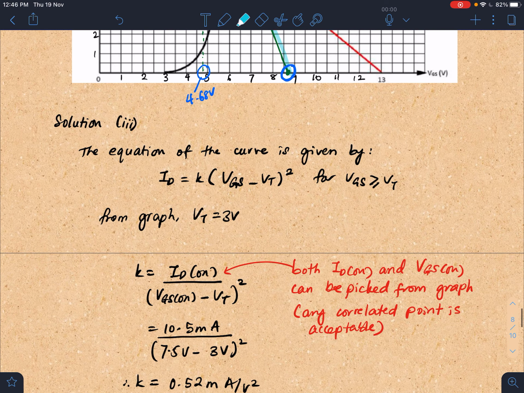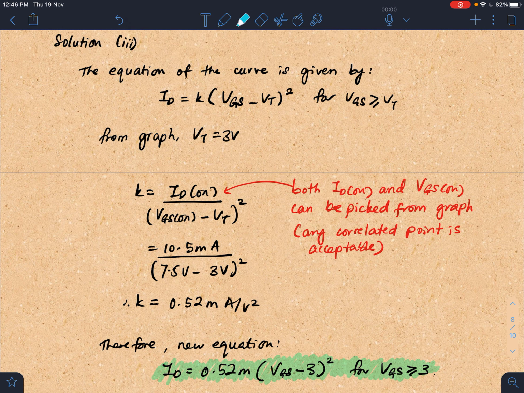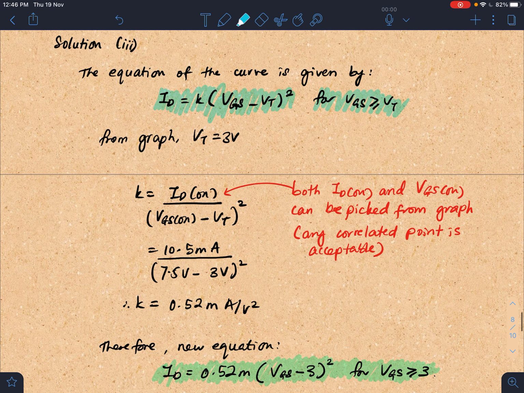Now we go to the last part. The last question asks you to find the equation for the transfer curve. This is the E-MOSFET transfer curve. The general equation: VT is 3 volt from the graph.